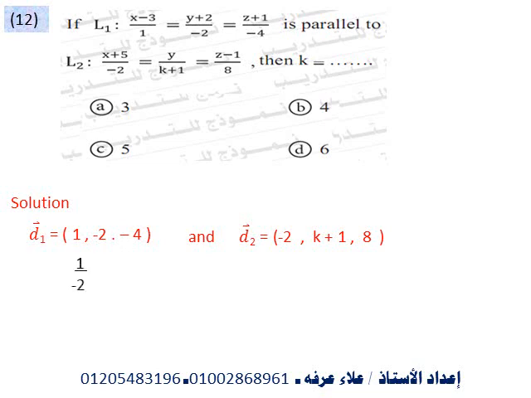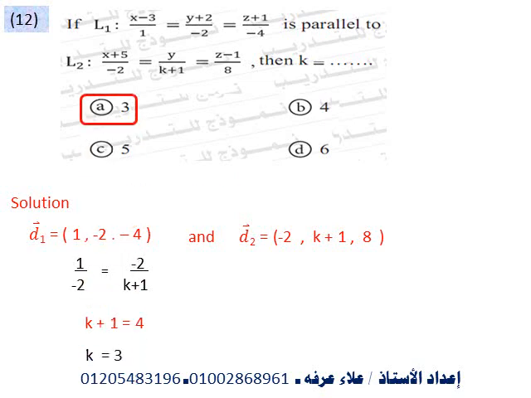Then we can get 1 over negative 2 equals negative 2 over (k plus 1) equals negative 4 over 8, because the two lines are parallel. We can get k plus 1 equals 4, then k equals 3.